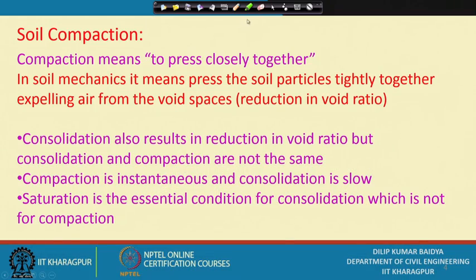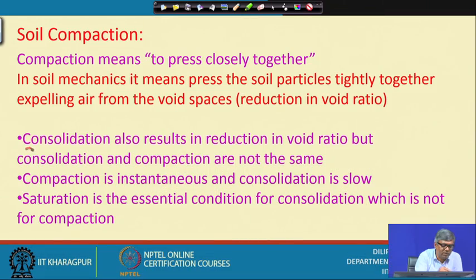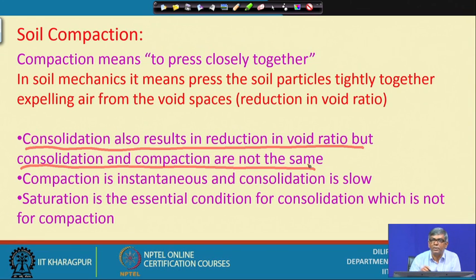Both cases are a reduction in volume. Consolidation I will discuss later on, but right now I am just mentioning that consolidation also results in reduction in void ratio. So, compaction is reduction in void ratio, consolidation is also reduction in void ratio, but they are not the same, because the mechanism is different.